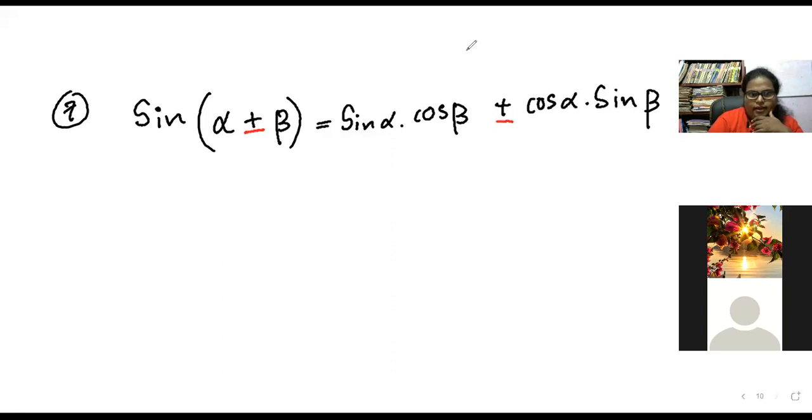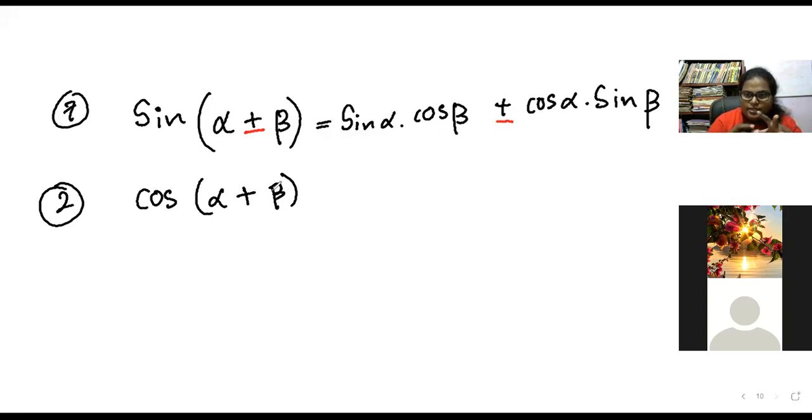And the second one is cos alpha plus beta, right? If there is an addition of two angles inside a cos function, we can write this one as cos alpha cos beta minus sine alpha sine beta. The sign is changing. If there is plus inside this cos function, you can see it is minus.